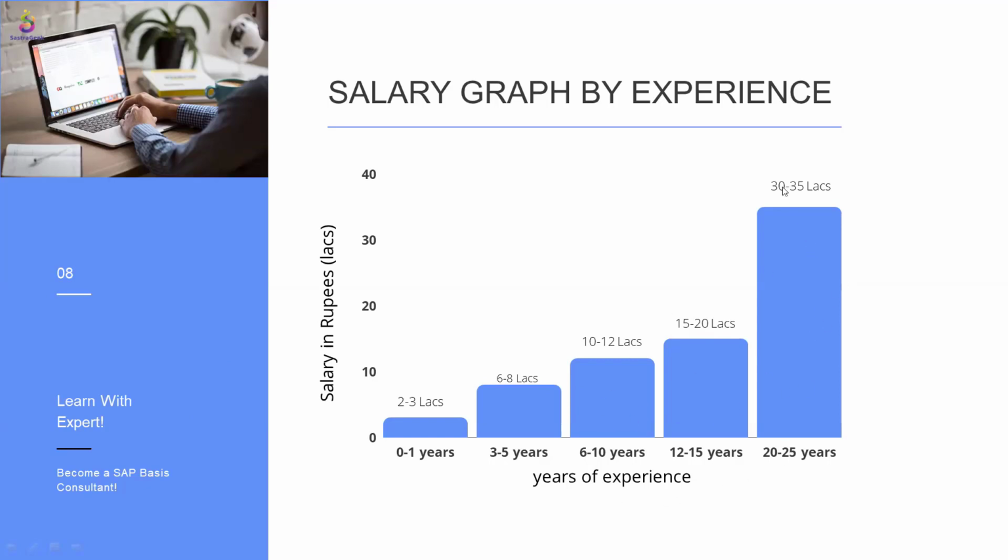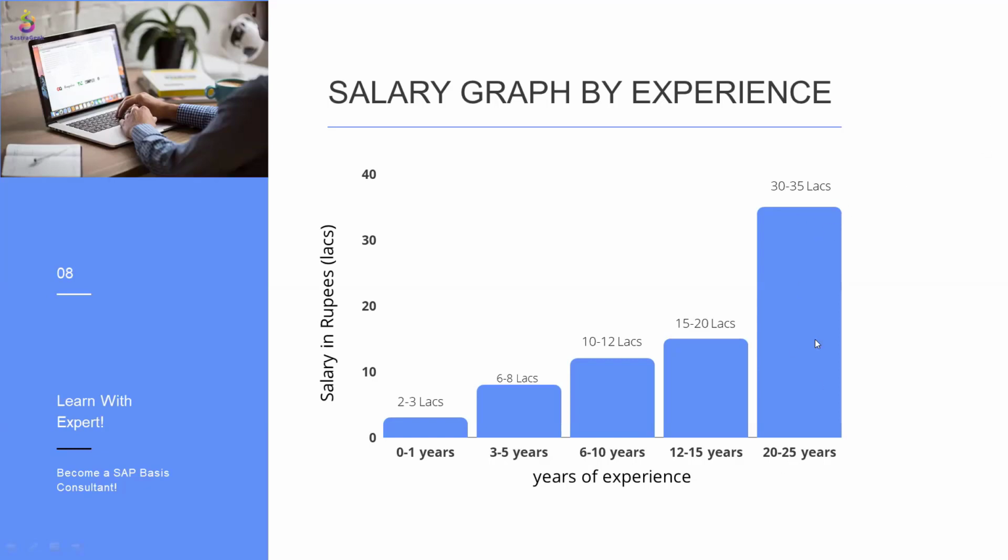Now if you see here, for 20 to 25 years of SAP Basis experience, the salary range is 30 to 35. But if you ask me what the salary will be in Accenture, which is the pay master, everybody must know that, and most of you are from the IT industry also. Accenture is now the pay master in the IT industry.